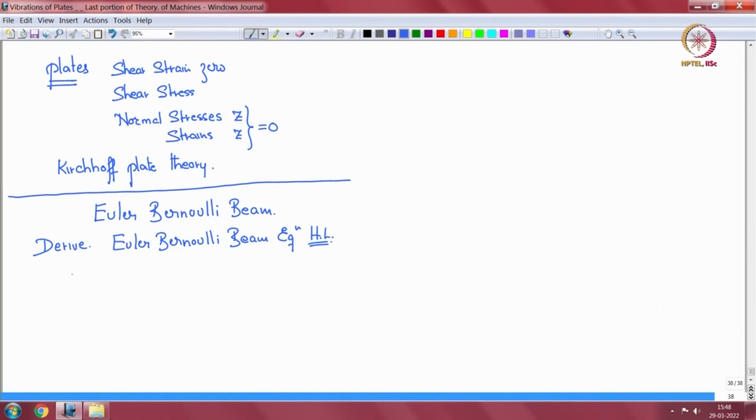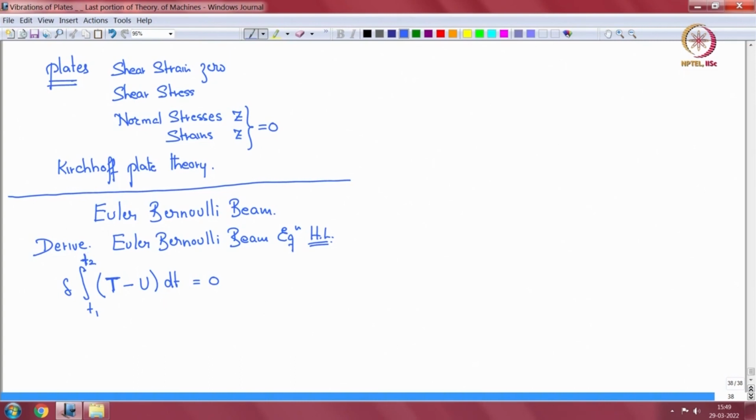Hamilton's law states that the variation of an integral between two time points of the difference between the kinetic energy and the potential energy is 0, and the states at the endpoints are known.